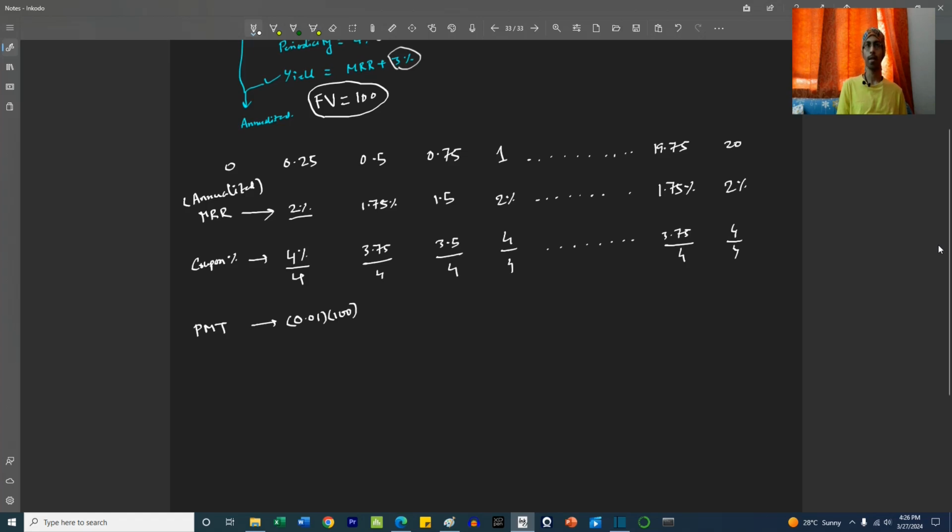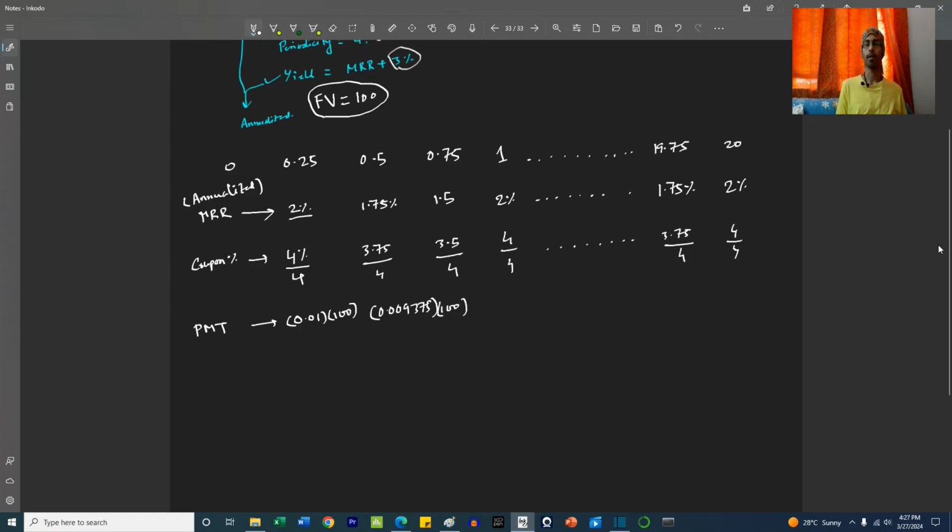The second one will be 3.75 divided by 4. How much is it, guys? Let us calculate. 3.75 divided by 4 divided by 100. This is 0.009375. So this will be 0.009375 into 100.